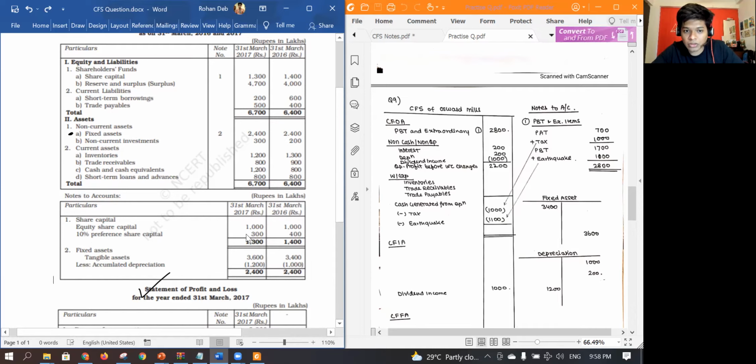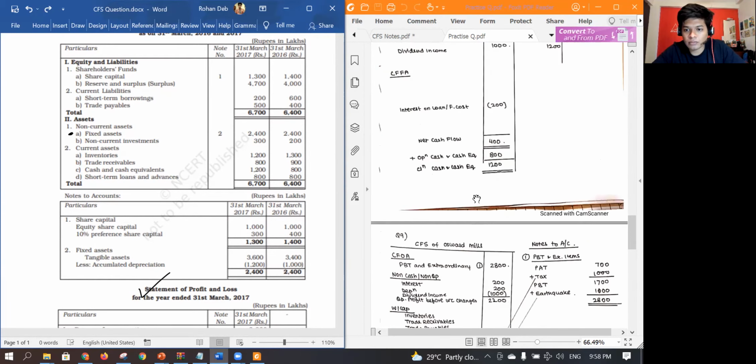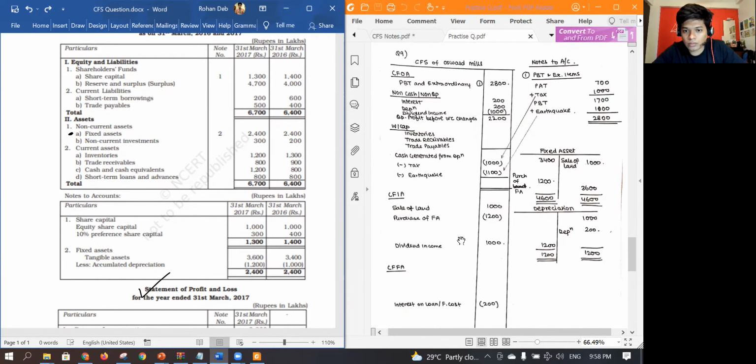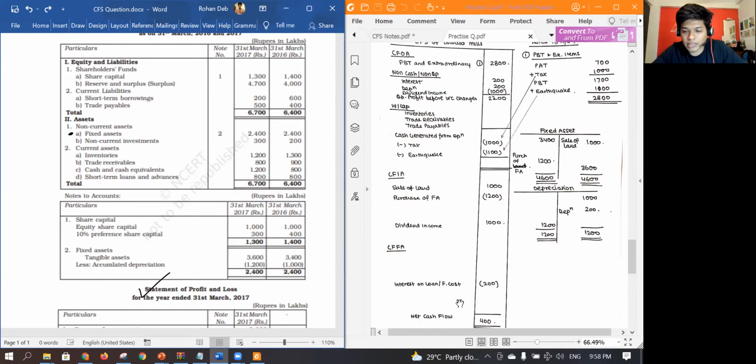Preference share capital is actually reducing by 100. Because my preference share capital is reducing by 100, so my preferential capital is my financing activities.